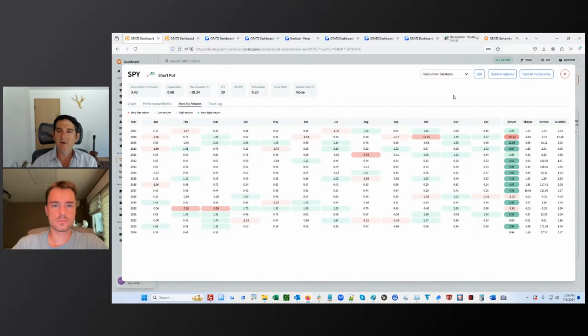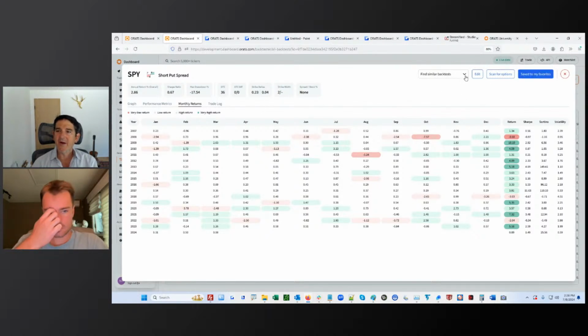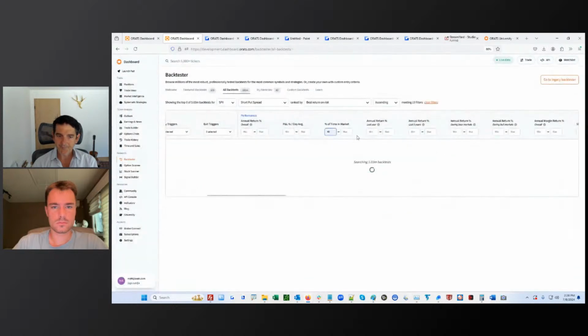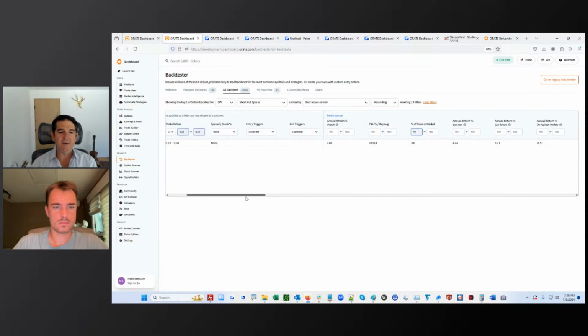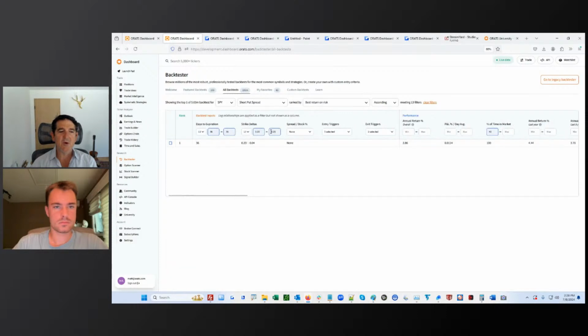And then finally, we've talked about this, so I'm going to save this to my favorites, and then I'm going to find similar backtests. We won't have exit triggers. Okay, so when you find similar backtests, you're not going to find any because it's so constrained that you're only going to find these.